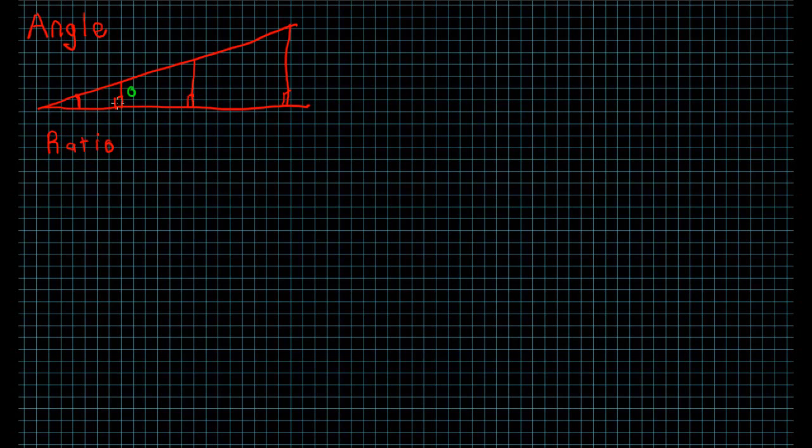And then we've got this side here, it's sort of one of the legs of the angle. We might call that the A for adjacent. So here we've got O for opposite, and then we've got adjacent, A for adjacent.